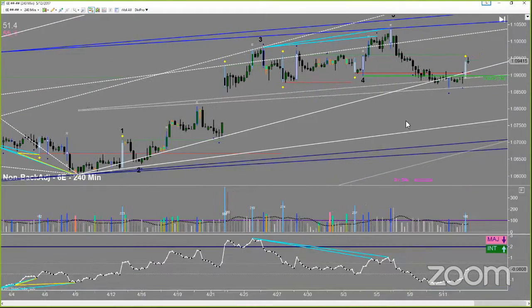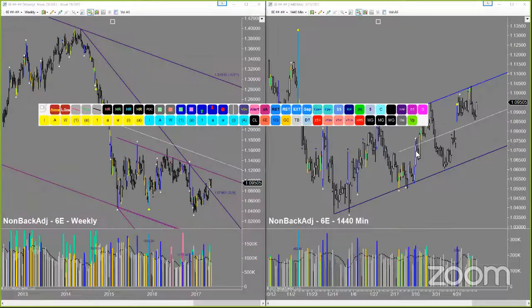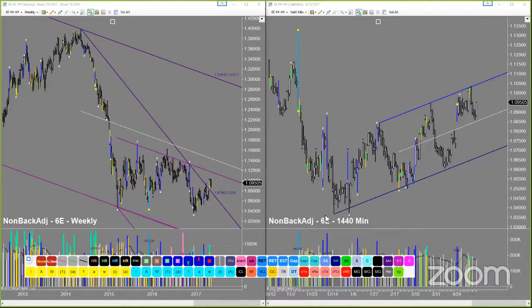And now we found support in here, and then we've turned up in what looks like an ABC, but of course it could be a 1, 2, 3, and we could be doing a deeper correction, or we could even be going back and breaking this high. But as far as I can tell, this is still looking like a correction to me until we break out of the top of this channel.